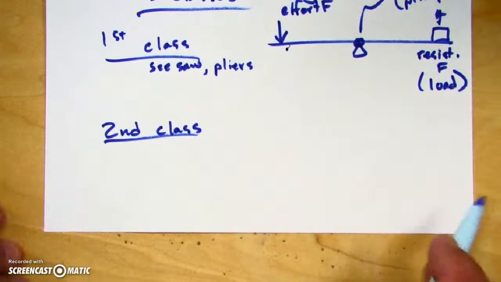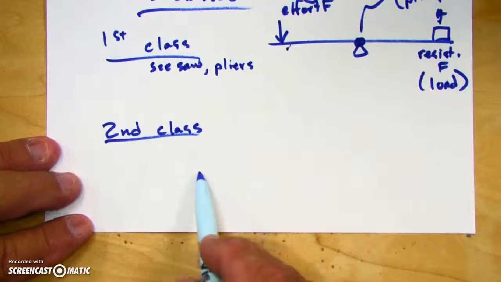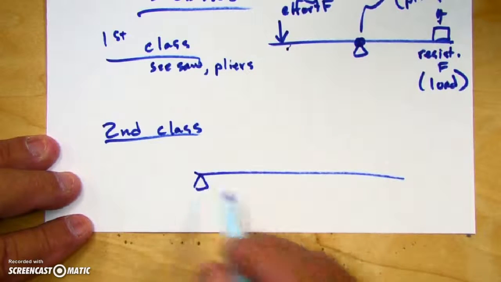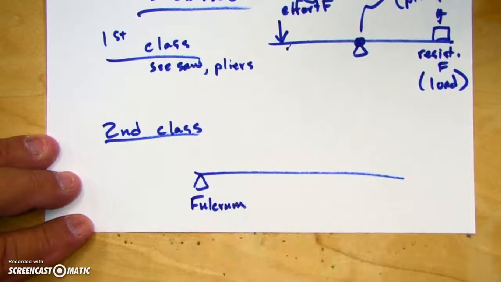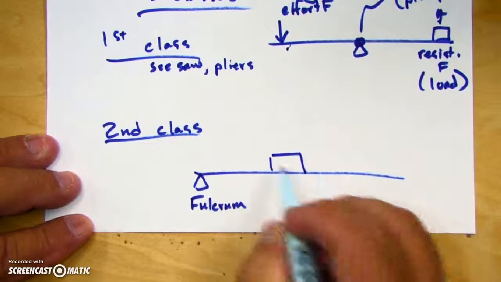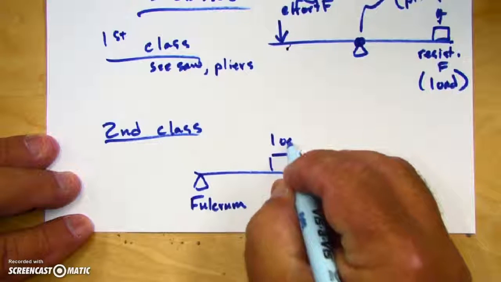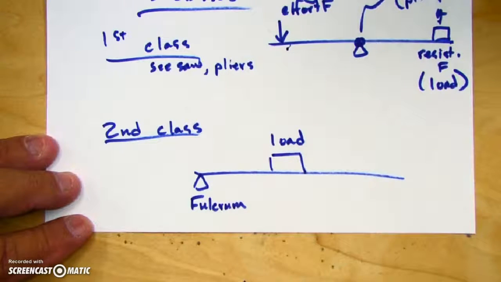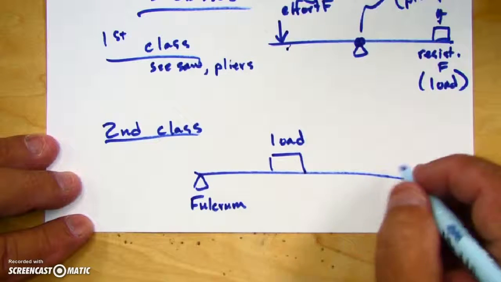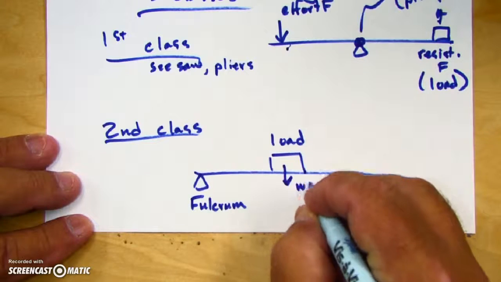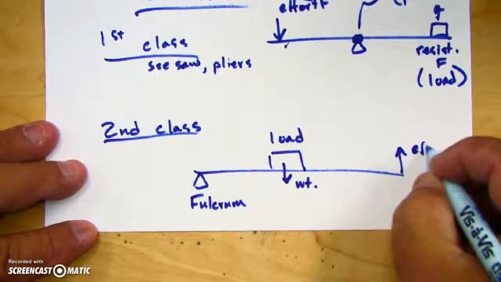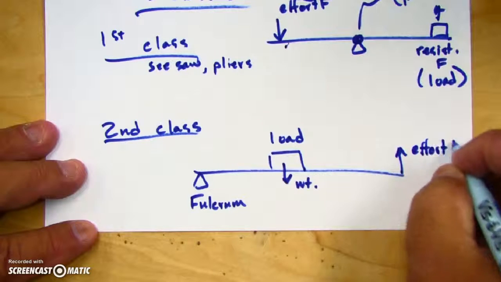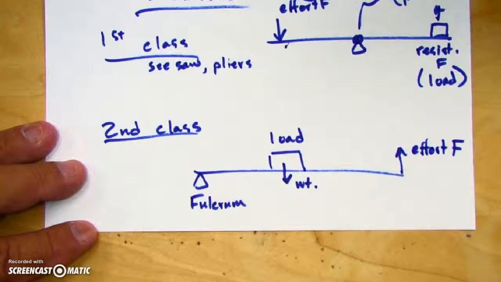A second class lever. Now with a second class lever, your fulcrum is way out at one end, and the load that you're lifting is in the middle. Of course it's going to want to act down. The weight is going to push it down. So to counteract that, you have to apply an effort force that's going up.